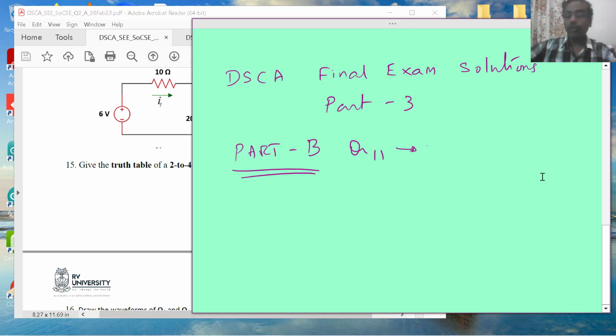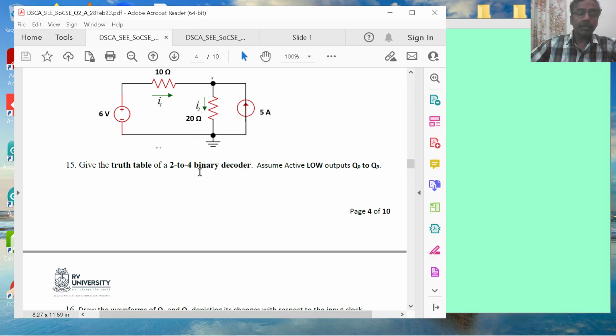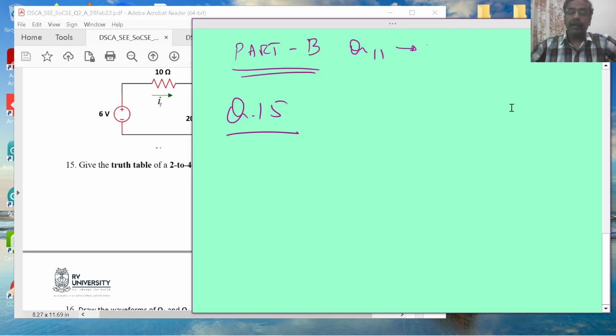So let us first, 2 to 4 binary decoder. Let us understand the question here. Truth table of the 2 to 4 binary decoder. Assume active low outputs as Q0 to Q3. Now, 2 inputs and you get 4 outputs.